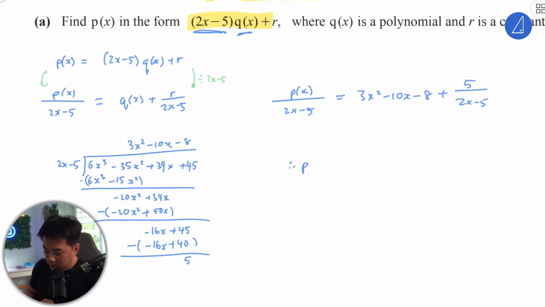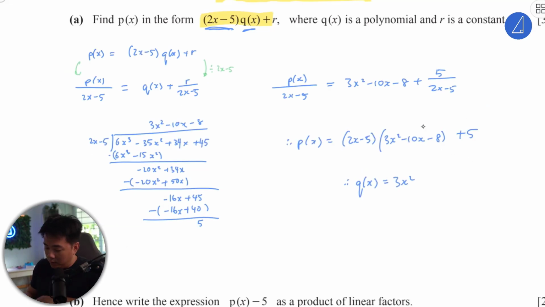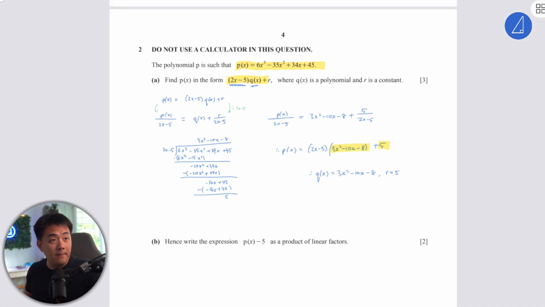So px will just be 3x squared minus 10x minus 8 times 2x minus 5 plus 5. So you write it in this form, just multiply by 2x minus 5, we get this. So this will be our qx here. This is our r, right? Great. Let's look at part B.